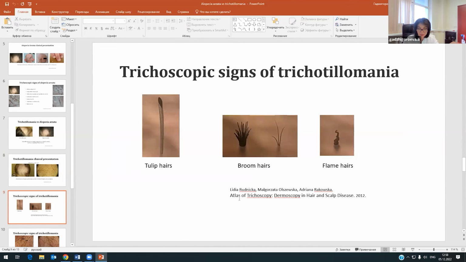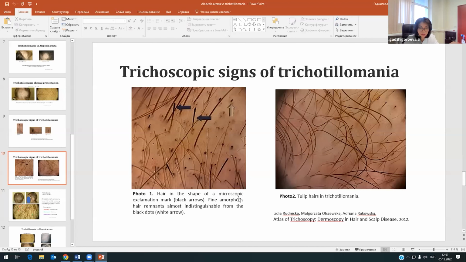The characteristic changes of broken hair ends are most commonly split and twisted hair, V-shaped hair, and flame-shaped ends. Trichoscopic signs in trichotillomania include irregularly broken hairs, coiled hairs, flame hairs, and tulip hairs.